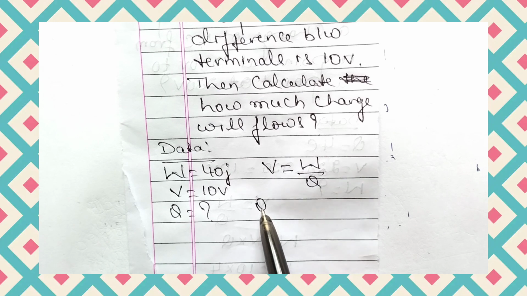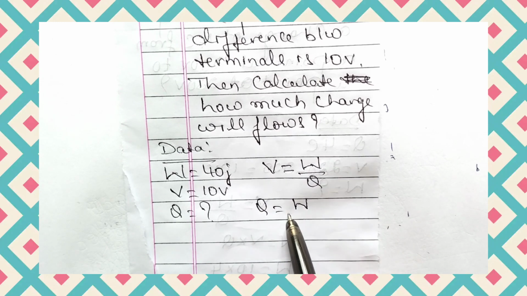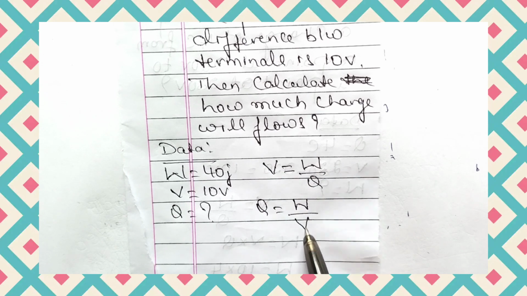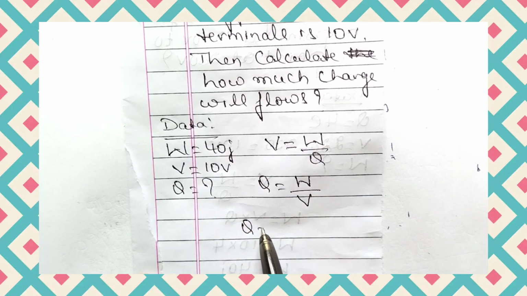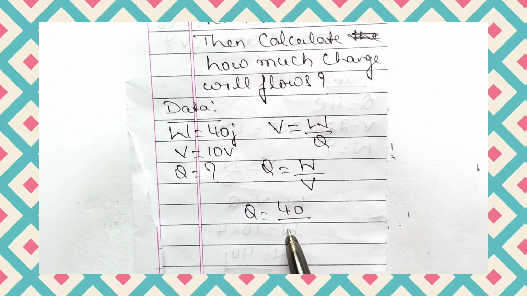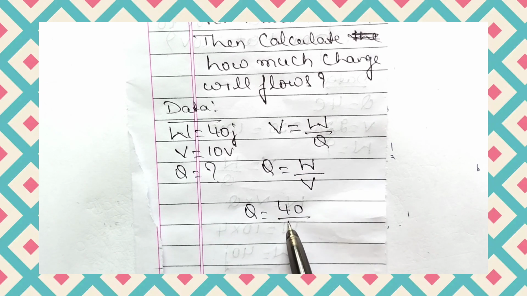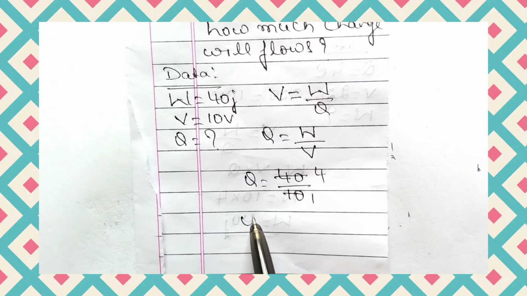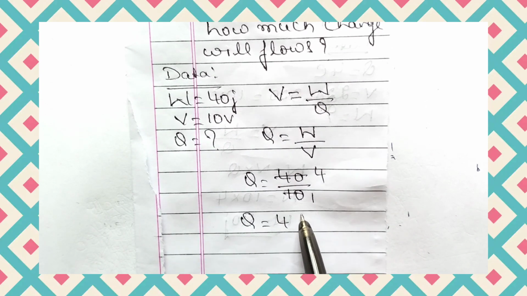So we want Q is equal to W by V. Look, shift Q here and take V in the denominator. So Q is equal to how much work is done? 40 joules divided by how much voltage is given? 10 volts. 10 ones are 10, 10 fours are 40. So charge Q is equal to 4 coulombs.